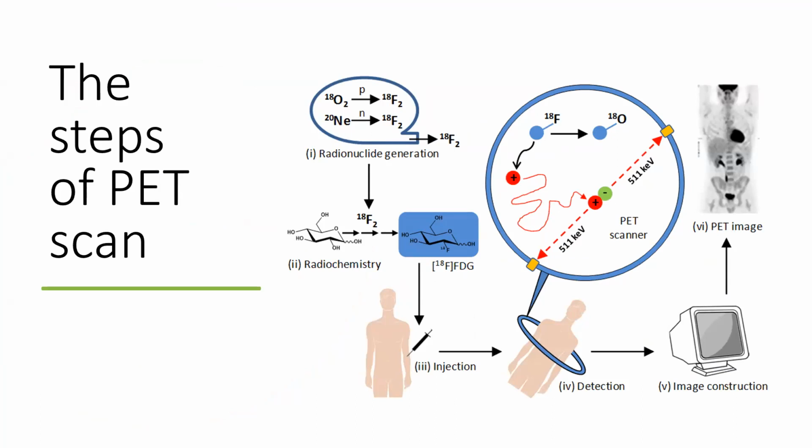In this presentation I will highlight the process of PET scan and a PET detection mechanism. First of all, the radio tracer, PET tracer, is being produced using the accelerator, which is cyclotron in our case. Then this radio tracer is being labeled.